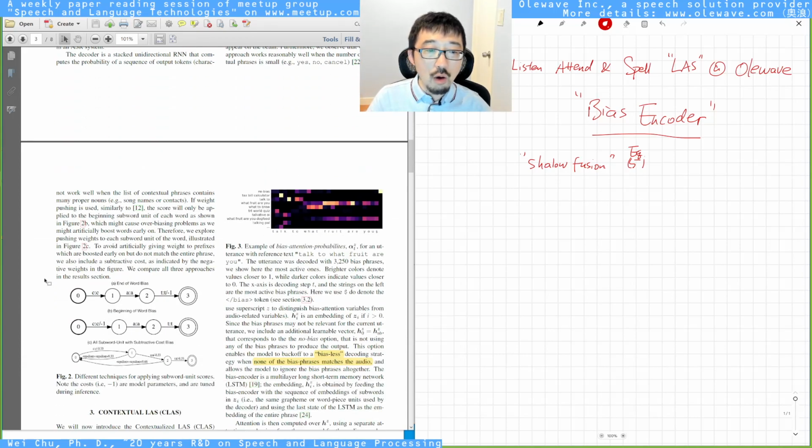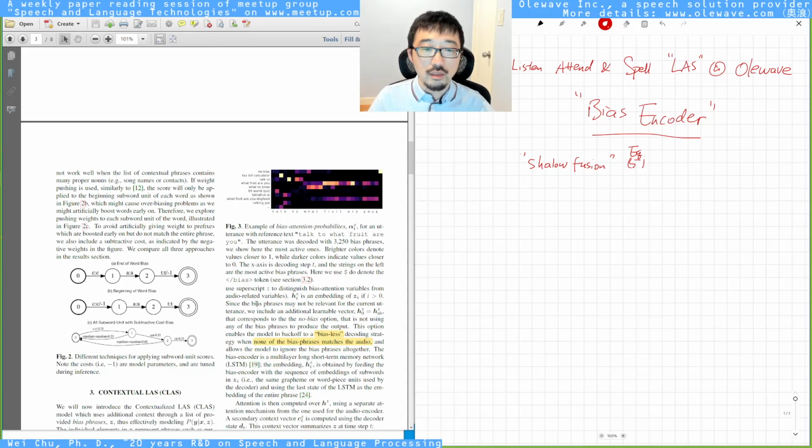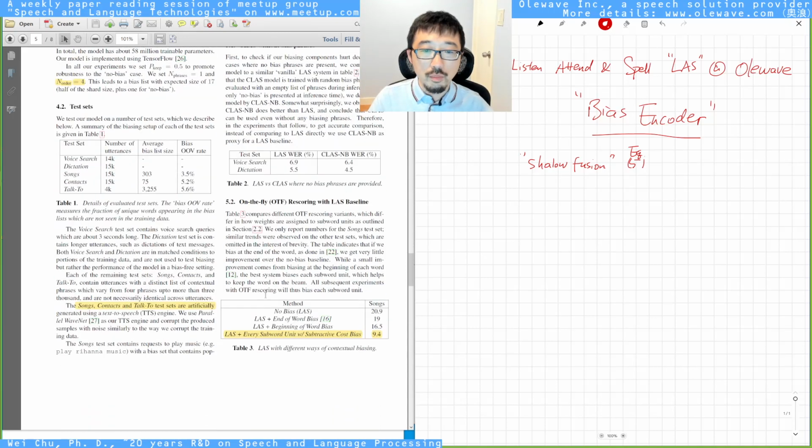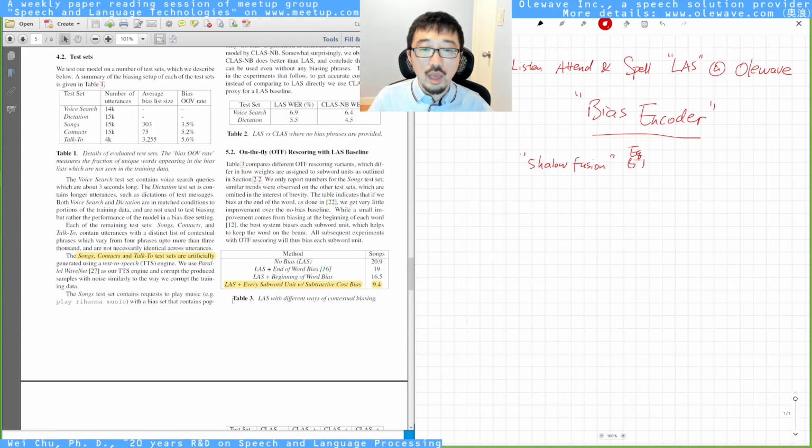So basically, I would skip the beginning or end word bias they talk about here, because I don't think this makes too much sense. Also, if you look at figure 2 corresponding to table 3, they achieve such a big gain.